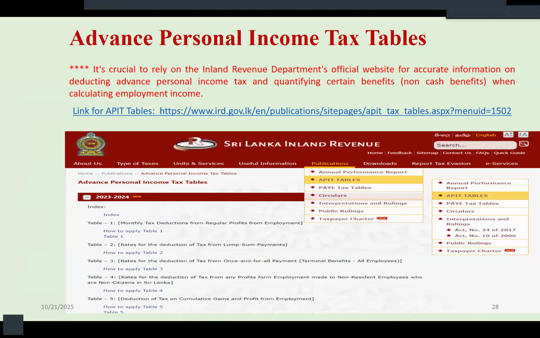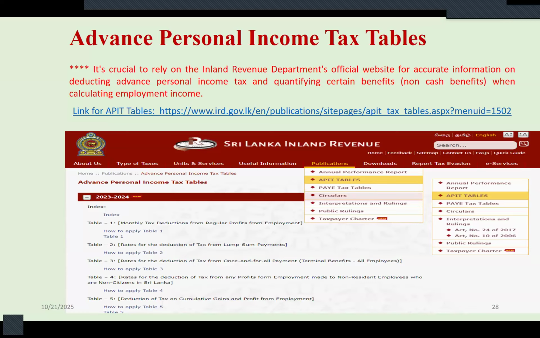So it is kind of withholding tax. I think you can understand advanced personal income tax or withholding taxes are not separate taxes. Those are a kind of advance payment for the income tax. Because of that, we are considering that kind of income as a method of payment.